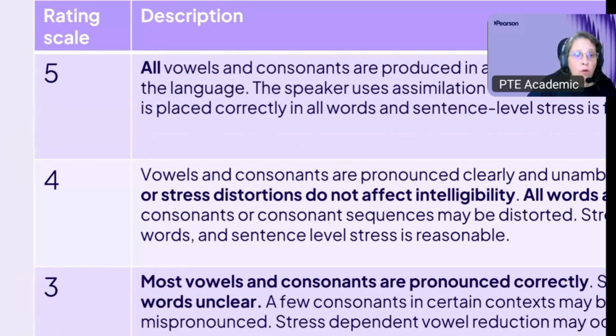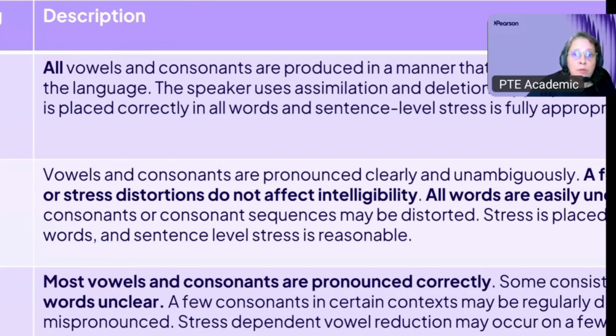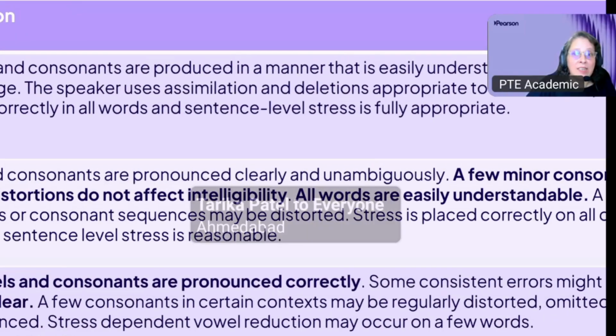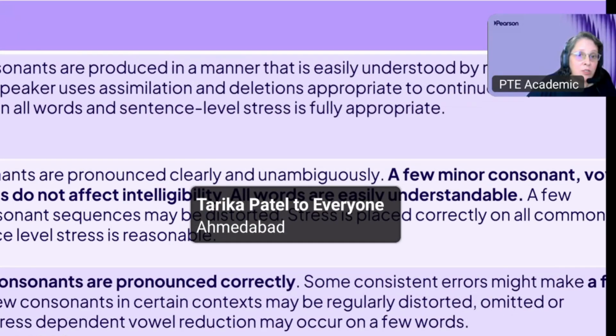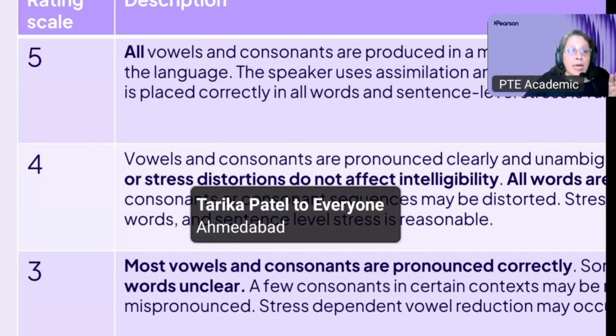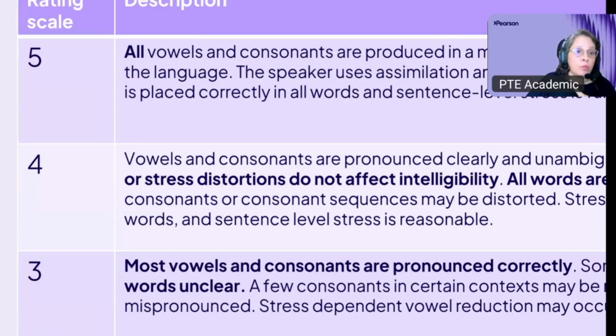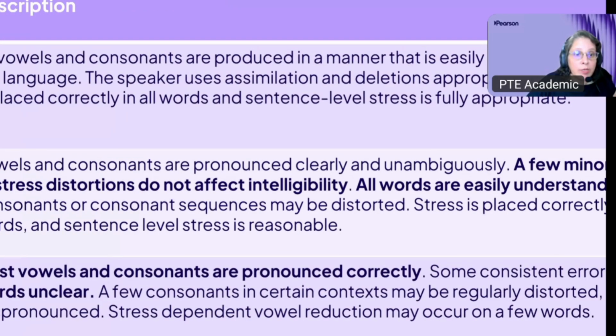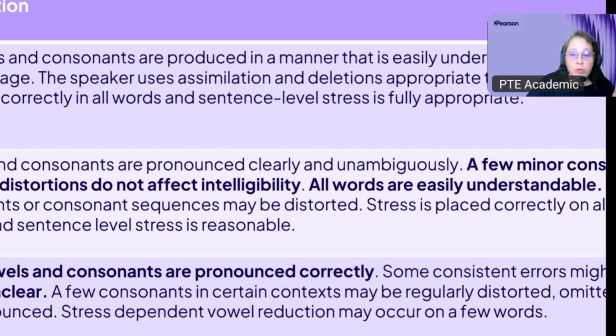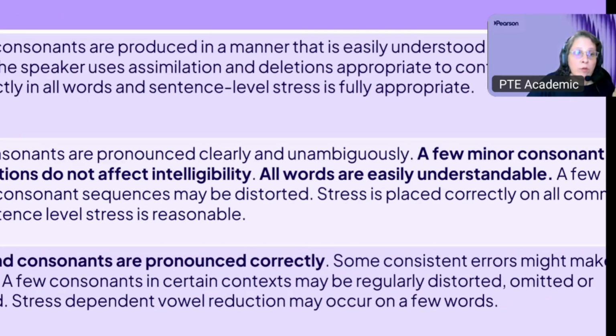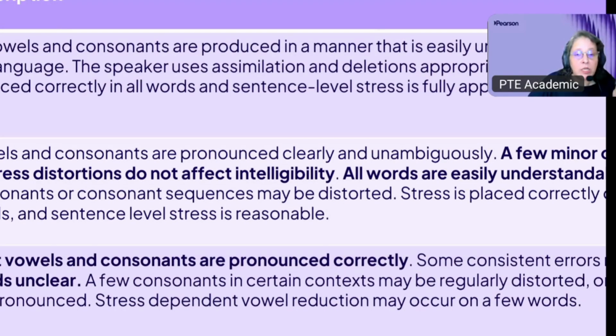So let's look at a 5. It says all vowels and consonants are produced in a manner that is easily understood by regular speakers of the language. So for a 5, the test taker has to pronounce all vowel and consonant sounds accurately. The speaker uses assimilation and deletions appropriate to continuous speech. And when we say assimilation and deletion, we talk about connected speech.